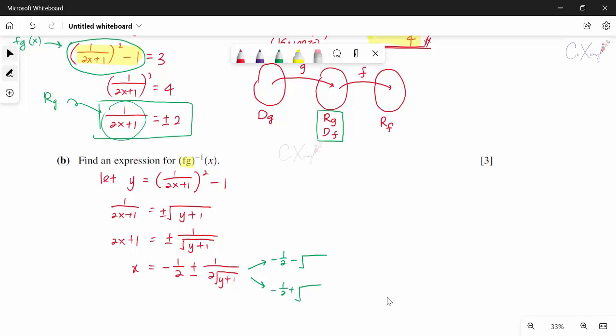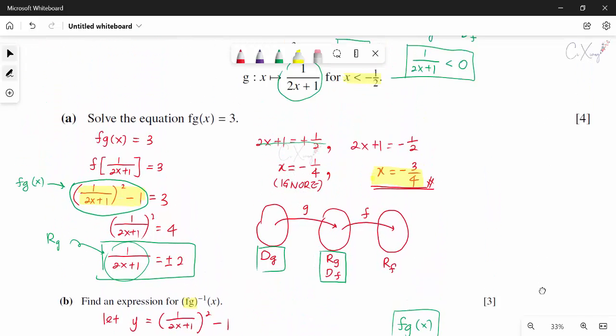All right, so again, to get the range of the inverse function, you need to refer to the domain of the original function. Your original function is fgx, and the domain for fgx is actually the same as the domain of g, because you start from function g first.